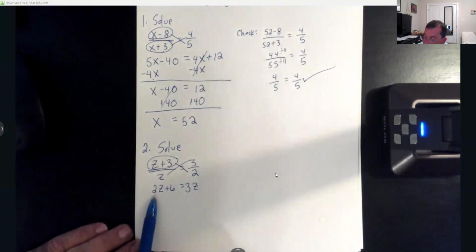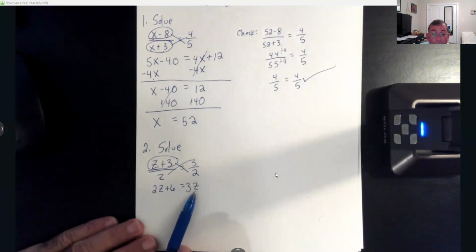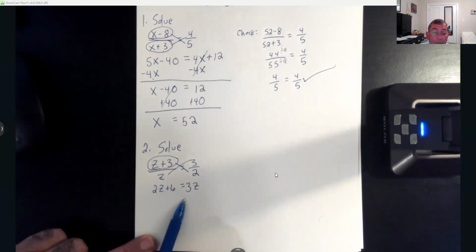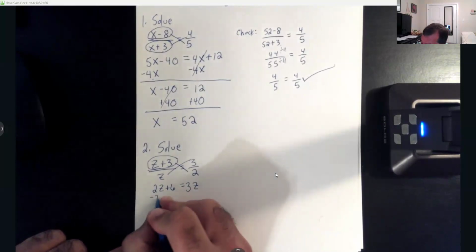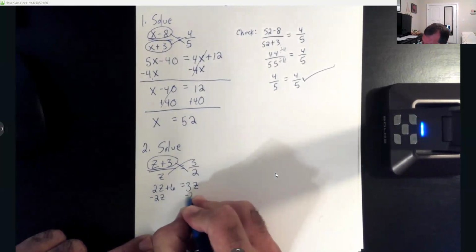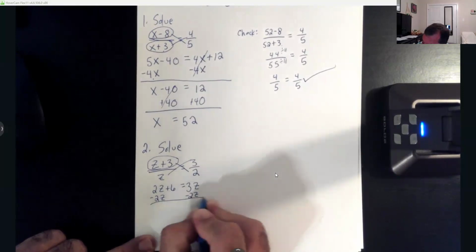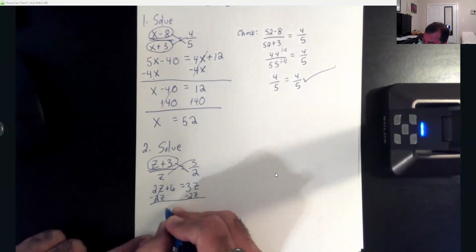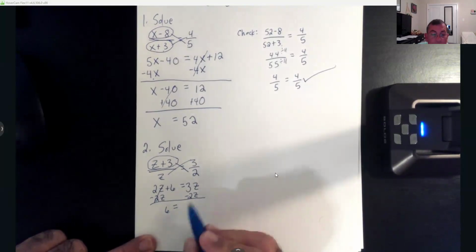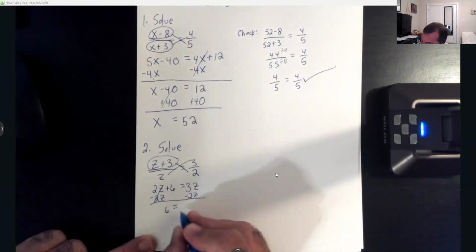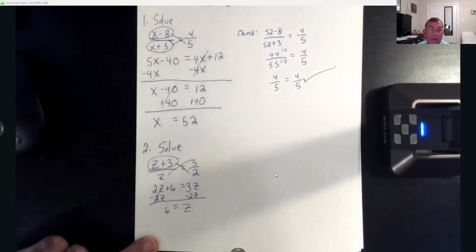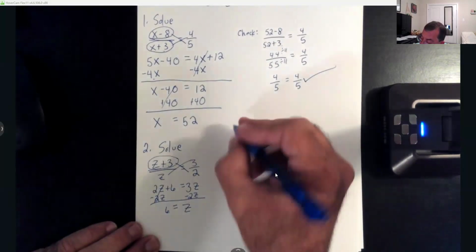So y'all, I got a variable and a number here and just a variable here. So the easiest way to solve this is to subtract 2Z from both sides. So those cancel, and I got my 6 equals 3 minus 2 leaves me 1Z.